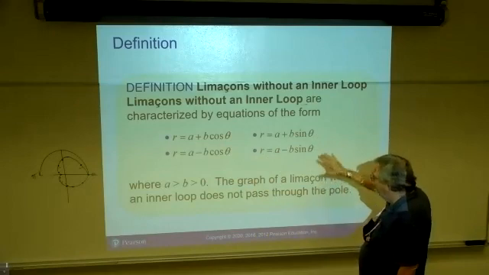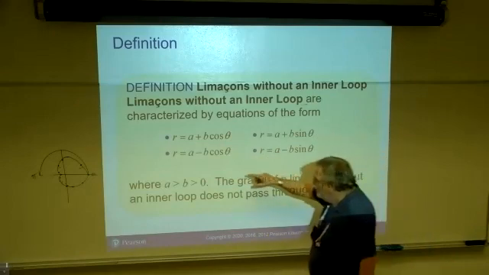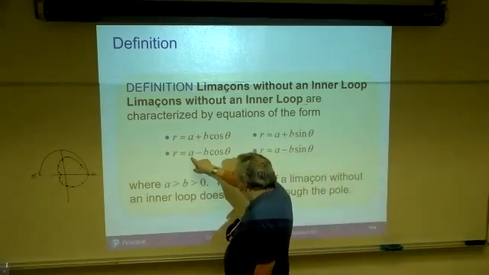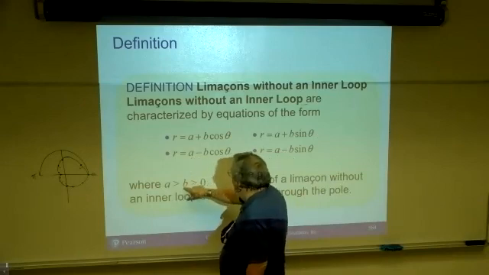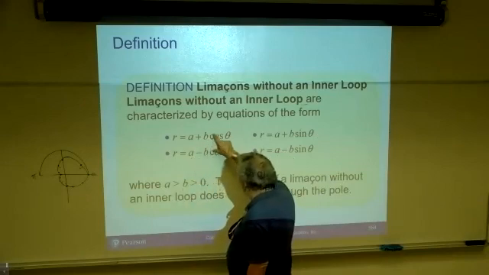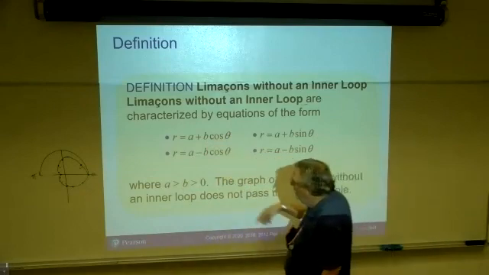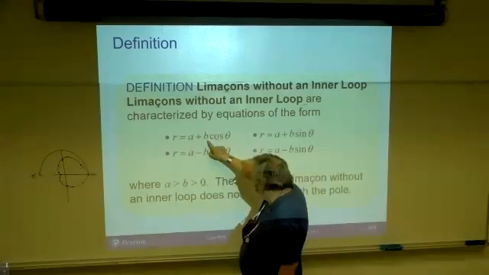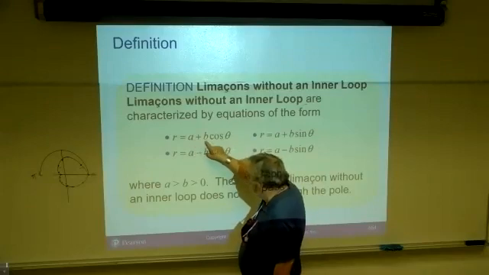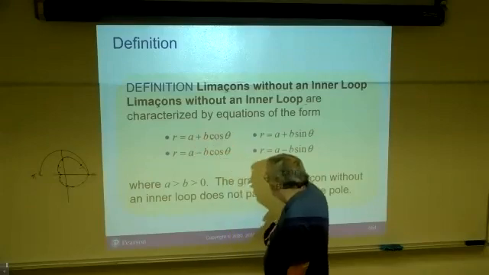And in all 4 of these cases, the number is larger than the coefficient of the cosine. So we had 4 plus 2 cosine theta, so the A is larger than the B.